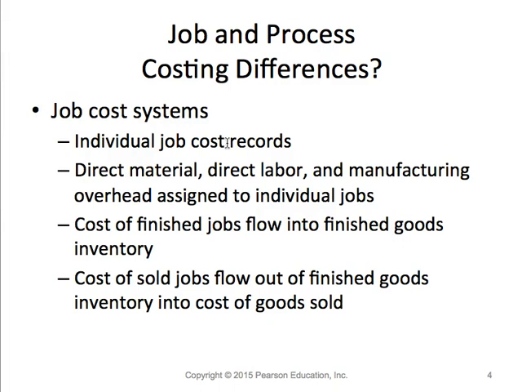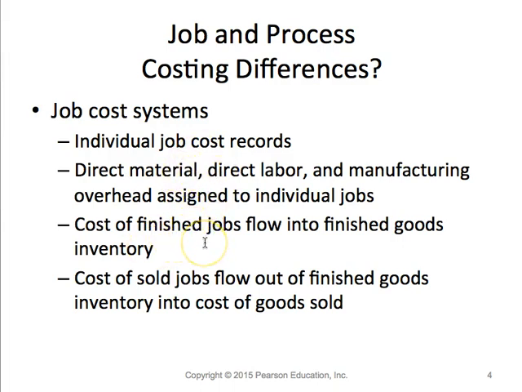So you're going to have different costs assigned to different jobs based on their raw materials, direct labor, and manufacturing overhead. So individual jobs will be assigned different costs based on different categories.